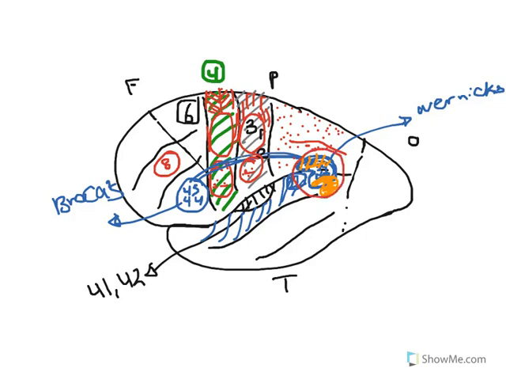The Wernicke area is composed of three different areas. One is the supramarginal gyrus, which lies around the posterior end of the lateral fissure, or the posterior ramus of the lateral fissure. The other one is the angular gyrus, which lies around the posterior end of the superior temporal sulcus. And also, don't forget the posterior end of area 22. These three areas collectively are known as the Wernicke area.